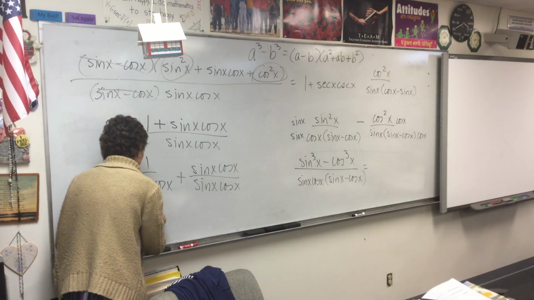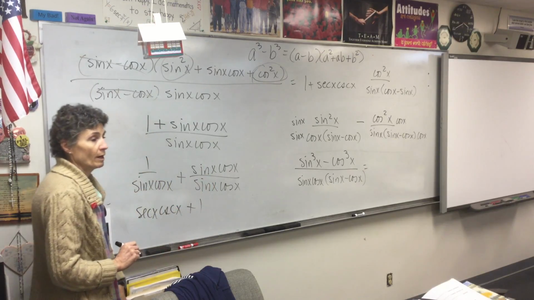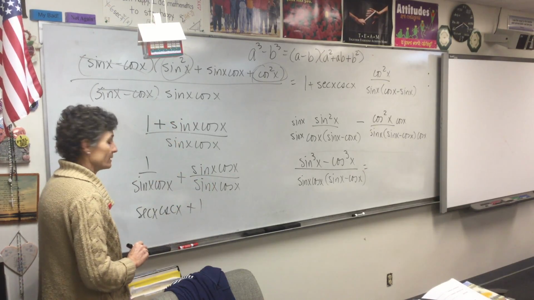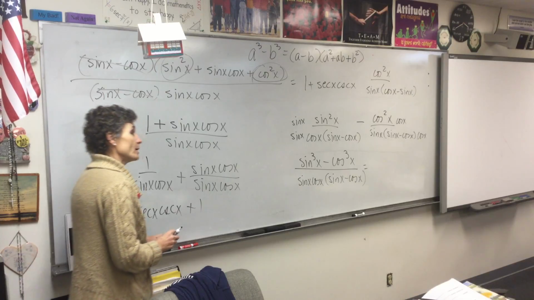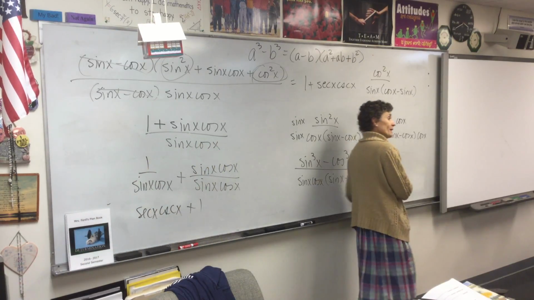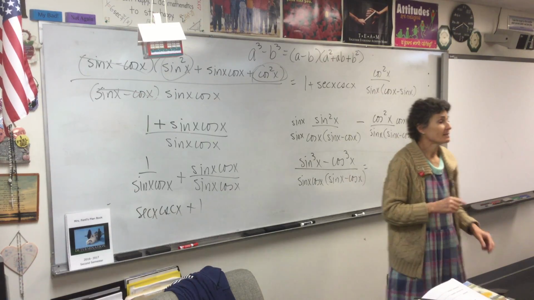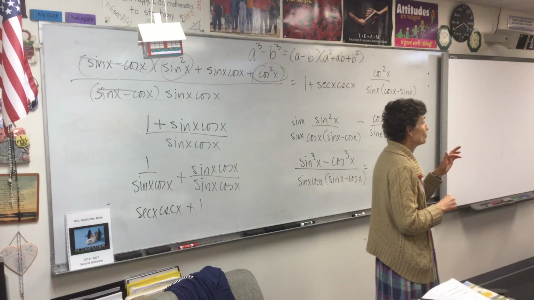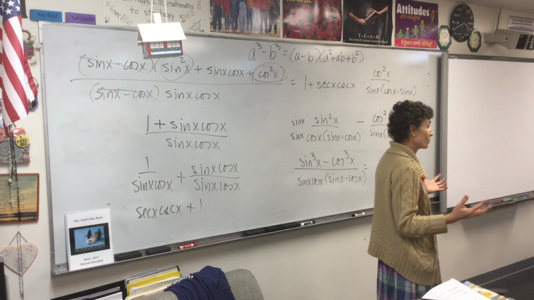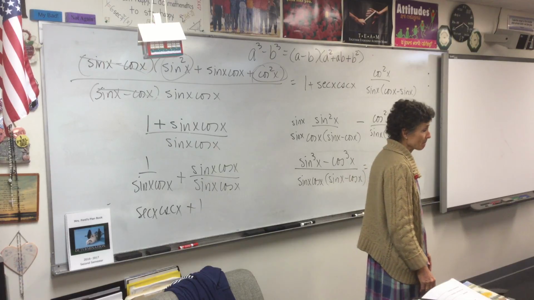And this is 1. That's what we want to end up with. Okay. So, that will not be your quiz problem. But, it's good exposure to the fact that sometimes it takes more than 1 or 2 steps to get to the end.